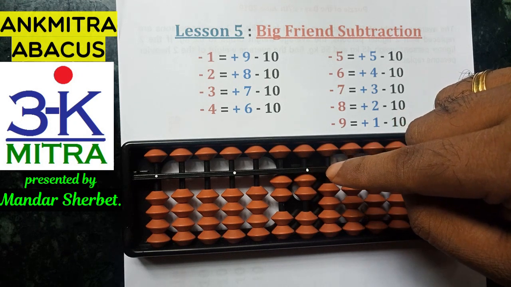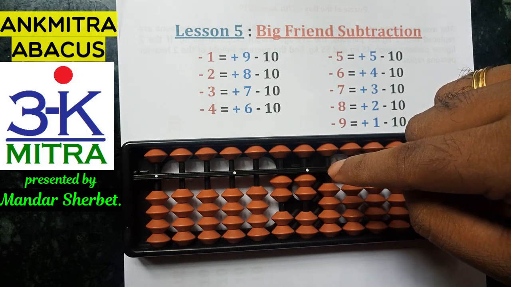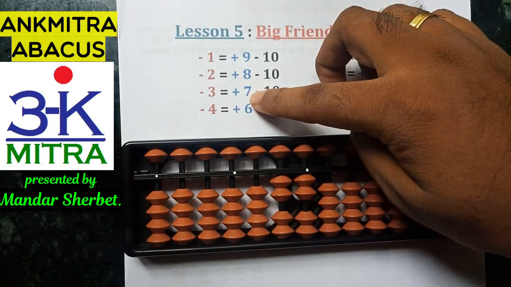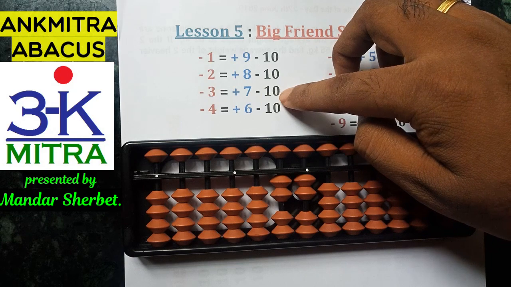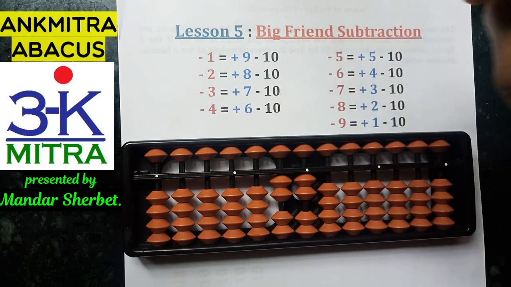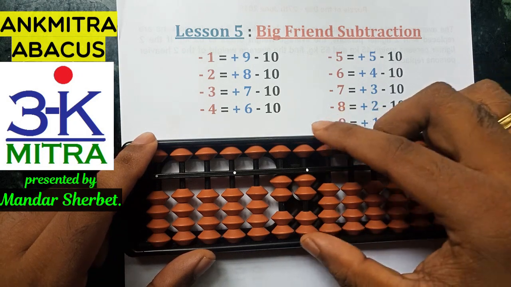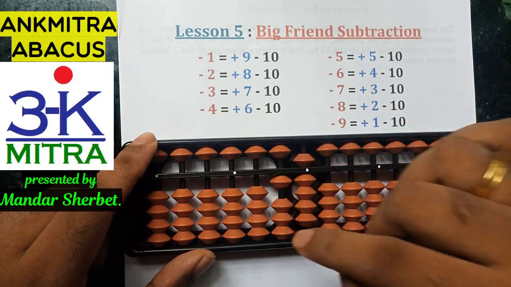So in this situation, I need to use the big friend formula of -3, which is addition of its big friend, that is 7, and subtracting 10 on the next left rod. So 22 minus 3 will be done using +7 and -10.